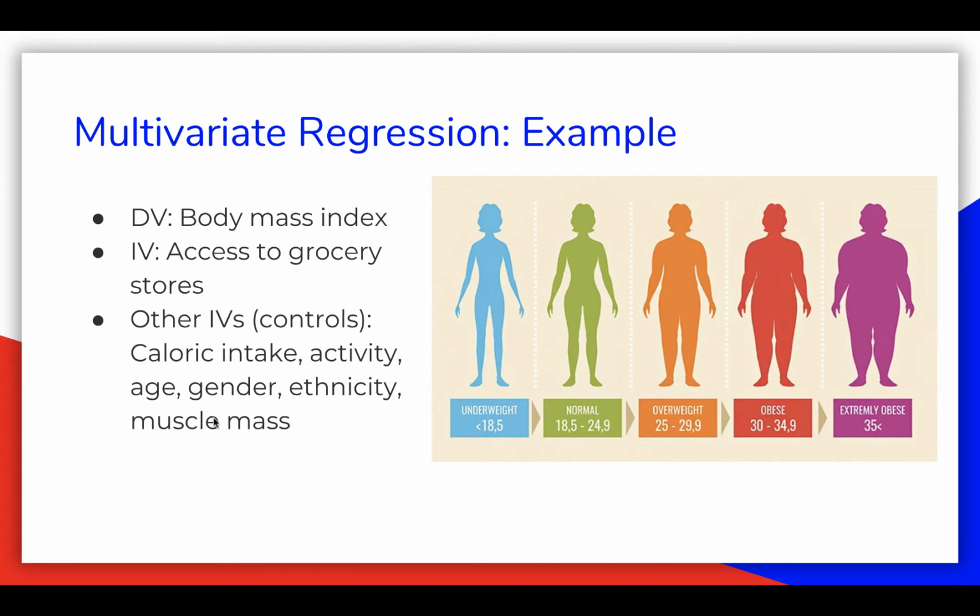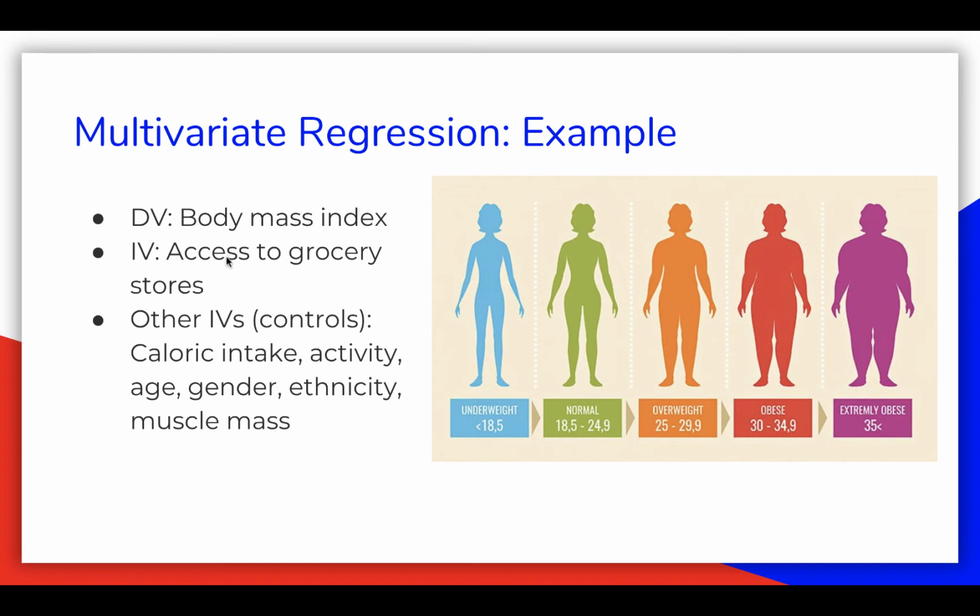So these were the things that I would control for if I really wanted to determine whether access to grocery stores does have an effect on body mass index. In order to say whether access to grocery stores has an effect on body mass index, I need to control for the other things that will affect body mass index, right?